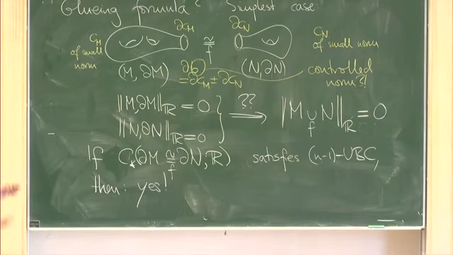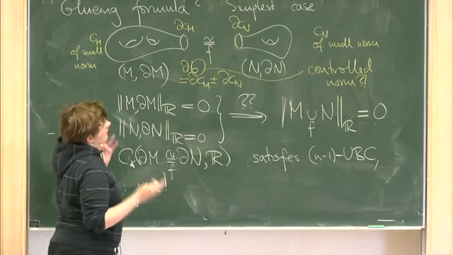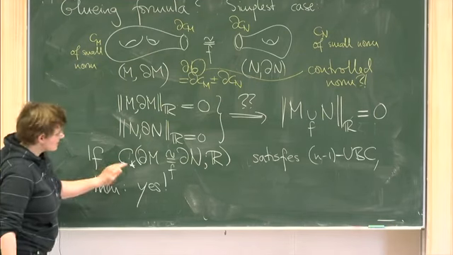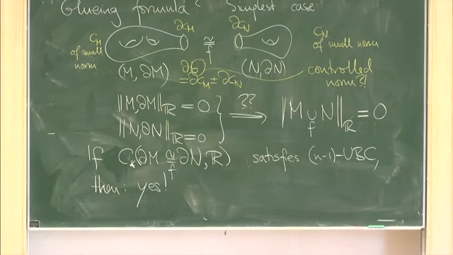And if this does not satisfy n minus 1 UBC, then you have to find a different strategy. So it's extremely helpful to know that this thing satisfies UBC.